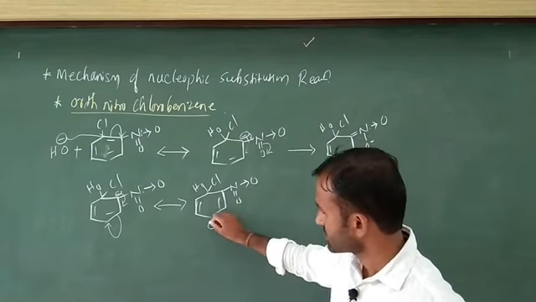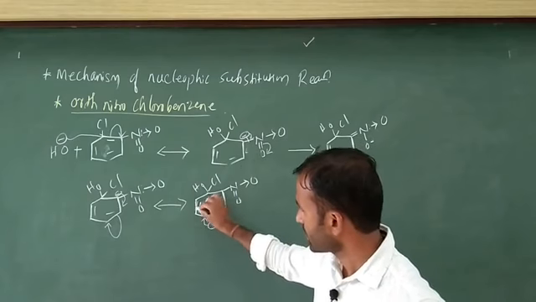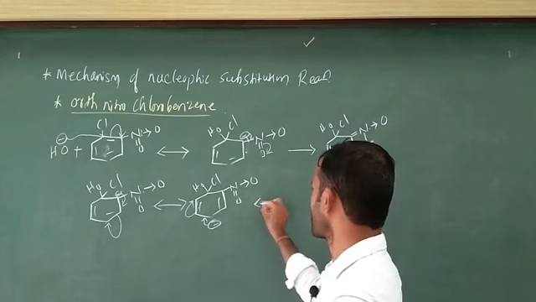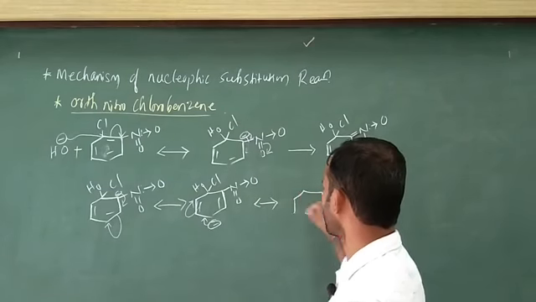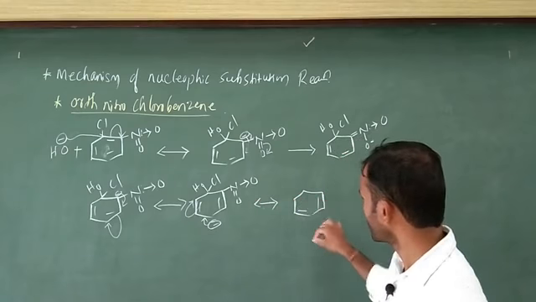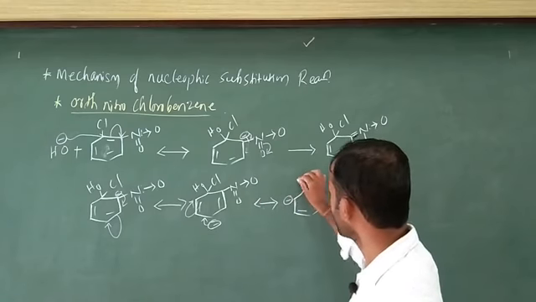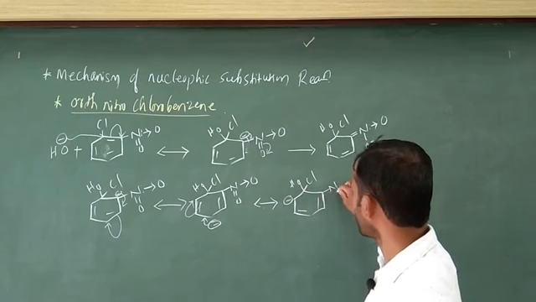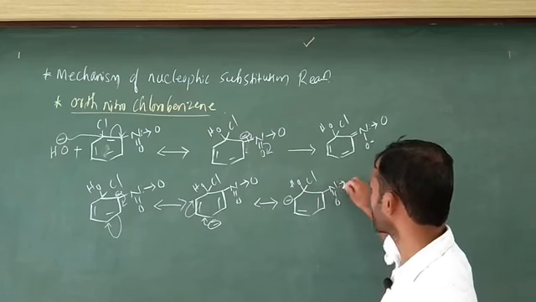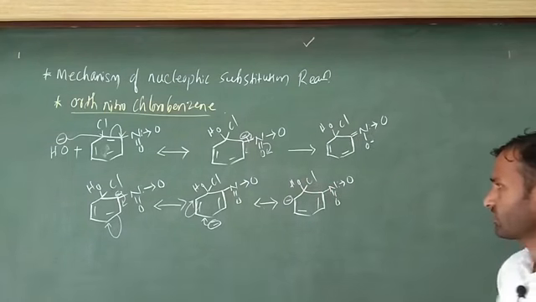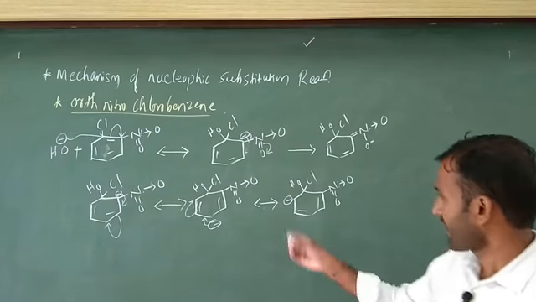Next, this negative charge donates here, and automatically this carbon double bond is going to break. Next there is a formation of the final resonance: here a double bond, in this case a negative charge, this is OH, next Cl, next N double bond O, next this is the oxygen. Okay, is it clear? This is the mechanism up to this.